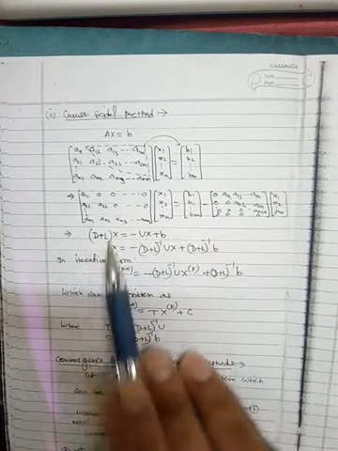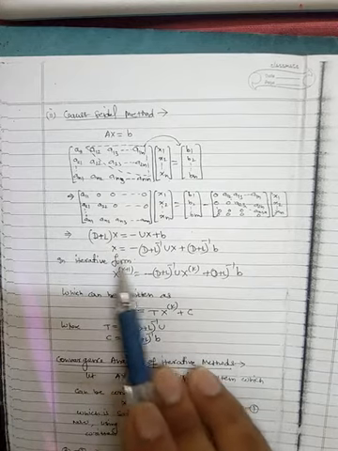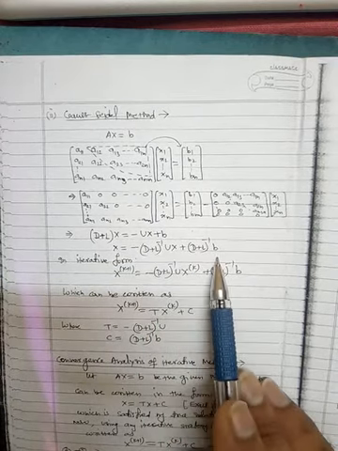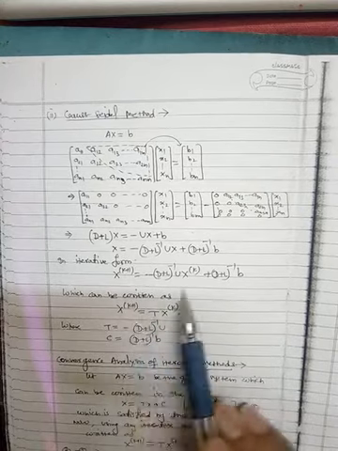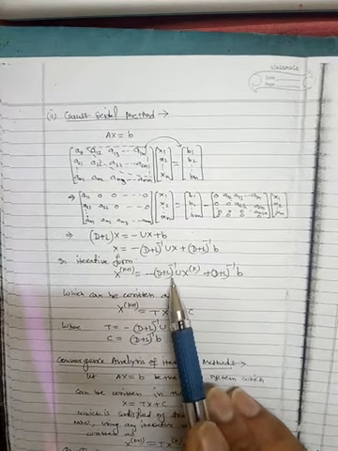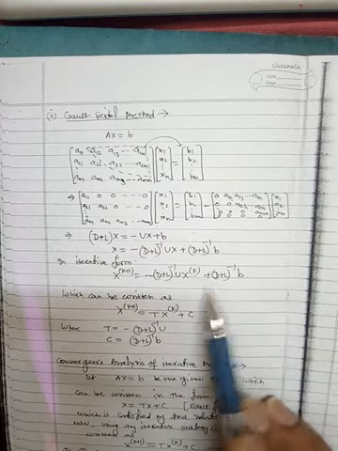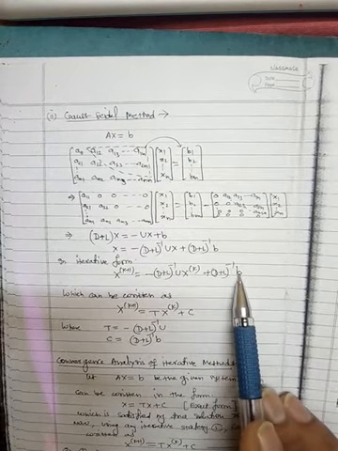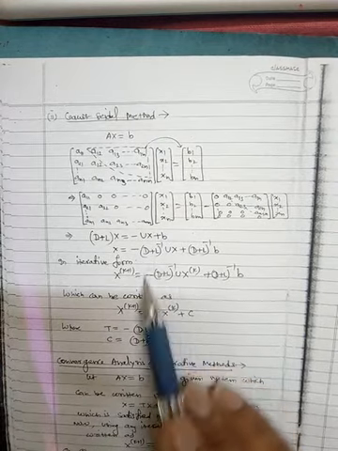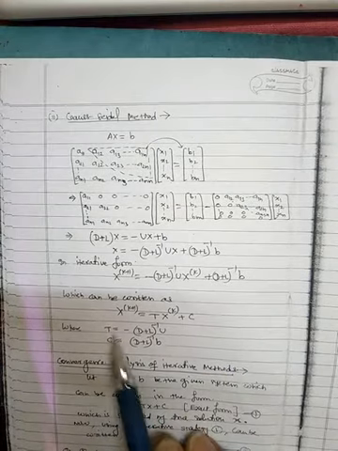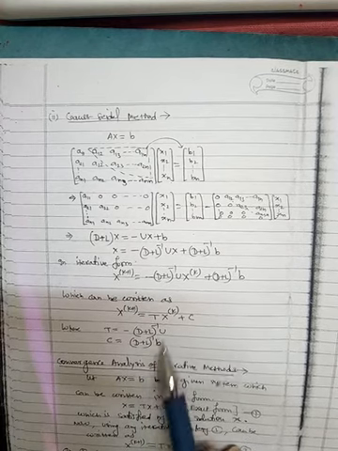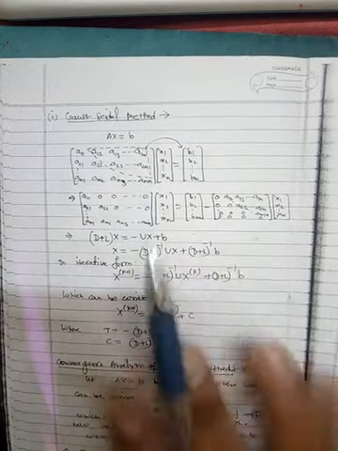Now pre-multiply by (D + L) inverse, so x = -(D + L)^(-1)Ux + (D + L)^(-1)b, and in iterative form this is x^(k+1) = -(D + L)^(-1)Ux^(k) + (D + L)^(-1)b. So T is -(D + L)^(-1)U and C is (D + L)^(-1)b. This is your Gauss-Seidel method.